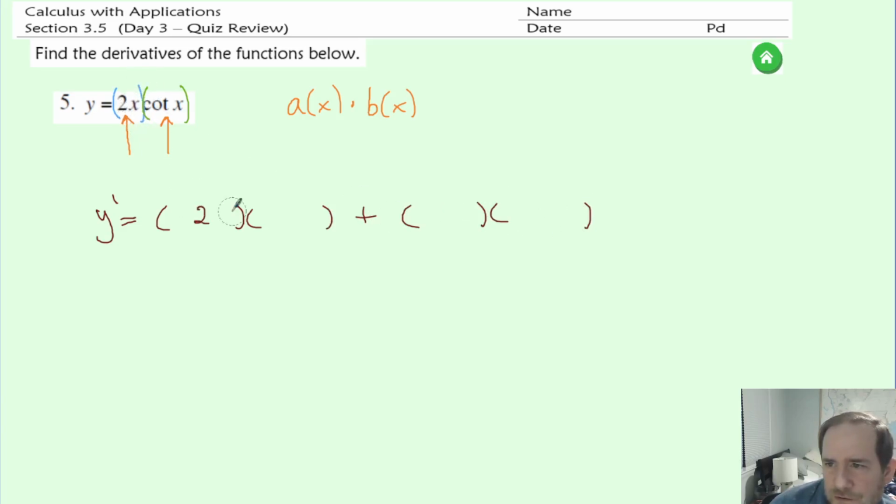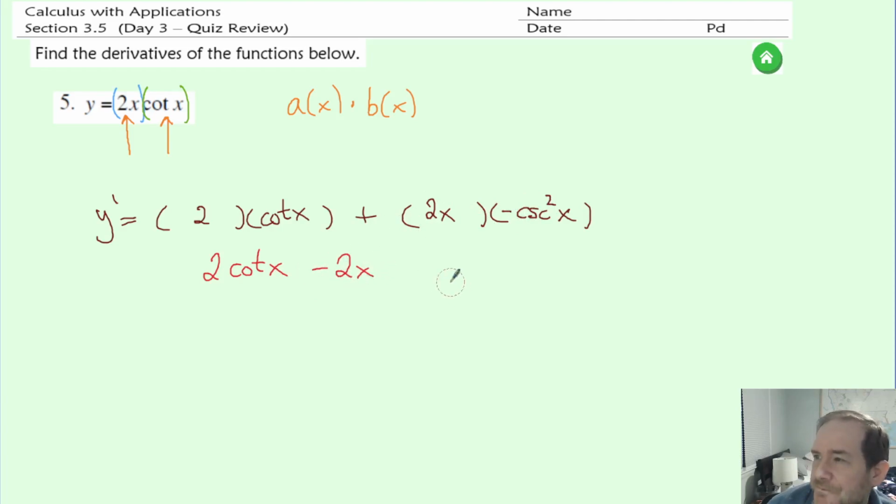So we're going to get 2 cotangent of x and then 2x, and the derivative of cotangent is cosecant squared, negative cosecant squared. So to clean this up, you've got 2 cotangents of x, and then it's minus 2x cosecant squared x.